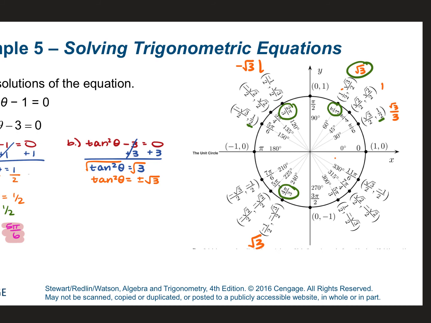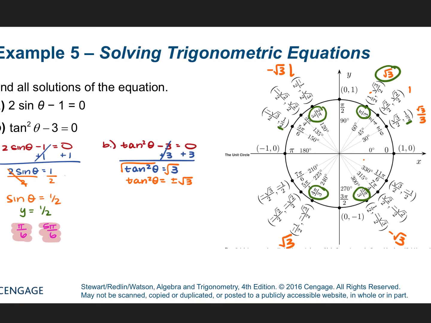As well as that 1/2, negative square root 3 over 2 gives us a negative square root 3 when we divide them, so we will use the 5 pi over 3. So all 4 of these radians are our answers: pi over 3, 2 pi over 3, 4 pi over 3, and 5 pi over 3.